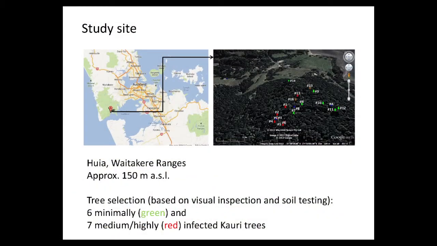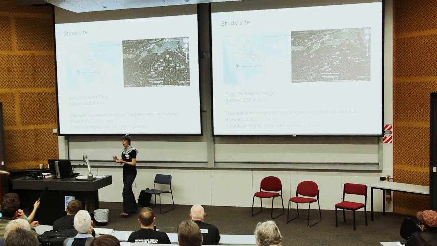So we have been visiting one of those infected sites, and within that stand, with the help of Nick and Lee from Council, we identified trees which still looked comparatively healthy, with only small signs of loss of their leaves, compared to other trees within the same stand, which were affected quite considerably. So there were already a lot of leaves lost, so definitely more radiation, more sunlight was coming through underneath those trees.